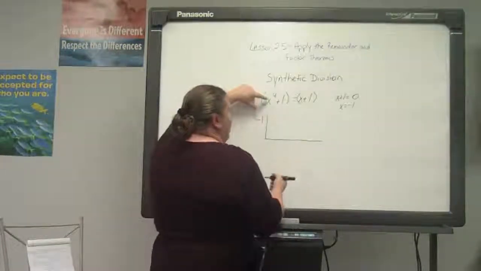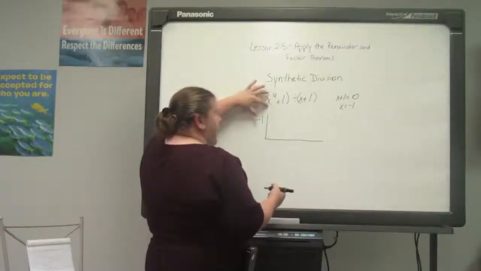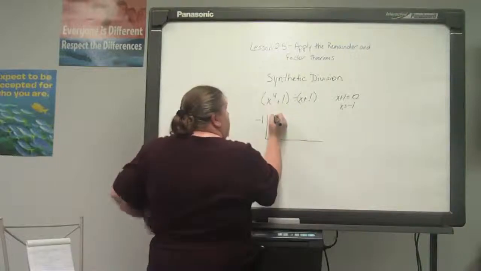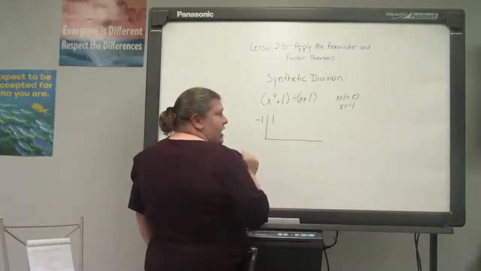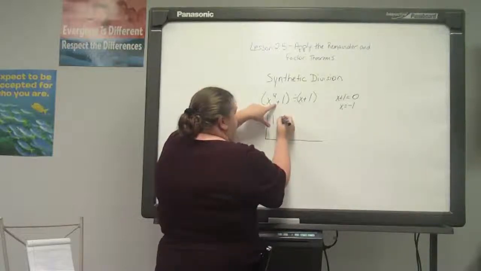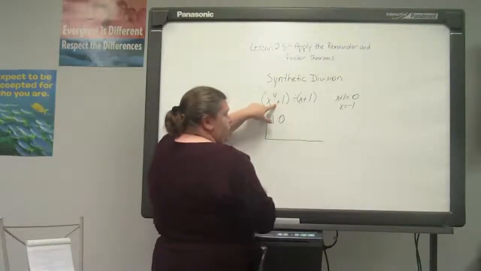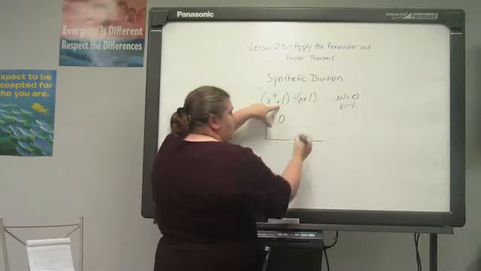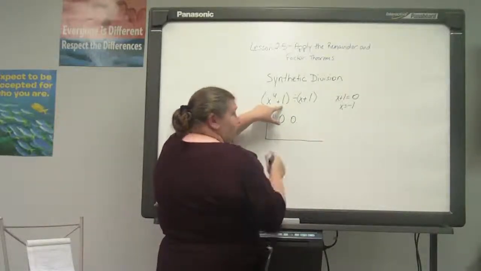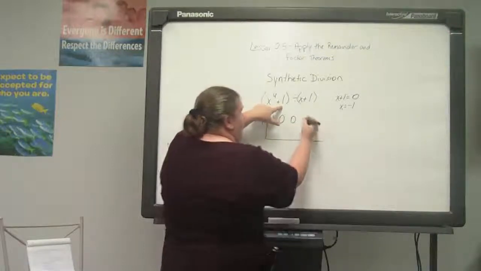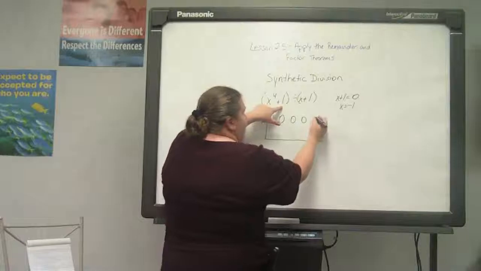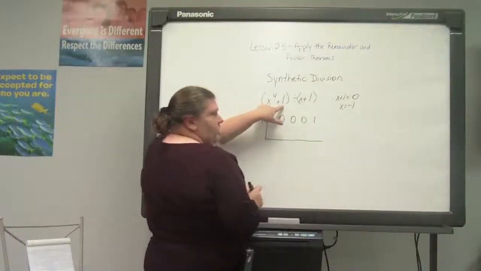So x to the 4th means 1 times x to the 4th, so I have 1 as my leading coefficient. I have no x cubed, so I put a 0 for x cubed. I have no x squared, so I put a 0 for x squared. I have no plain x, x to the first, so I put a 0 in place of x to the first, and then I can put my 1, which is my constant.